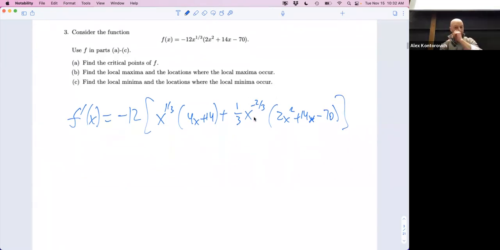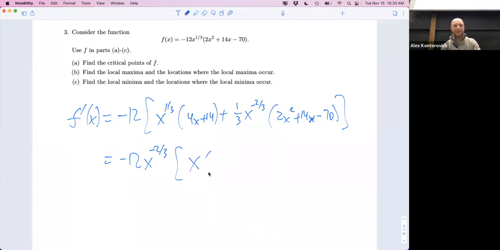Let me pull out an x to the -2/3. So if I have this -12, I'll pull out an x to the -2/3. That's like multiplying the top and bottom by x to the 2/3 and making this the bottom, x to the 2/3. So what am I left with here? Instead of x to the 1/3, I have x.